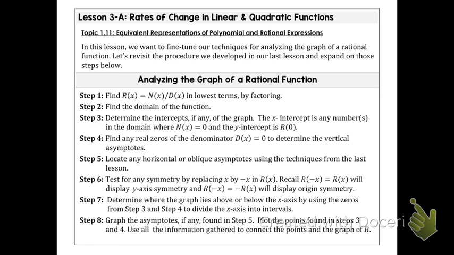All right, so the first thing we're going to do is simplify our rational function in lowest terms by factoring. Then we're going to find the domain of the function. We're going to determine the x-intercepts, if any. So actually, before I do step 3, I'm going to come up here and find the zeros of the numerator and the denominator.